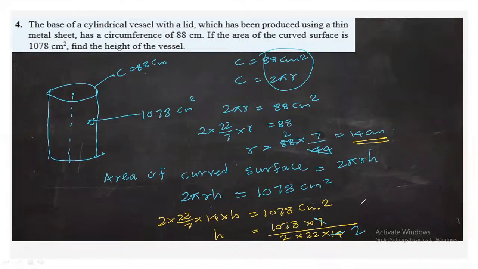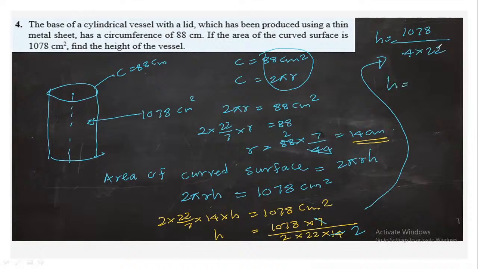Height equals 1078 divided by 2 times 2, 4, into 22.